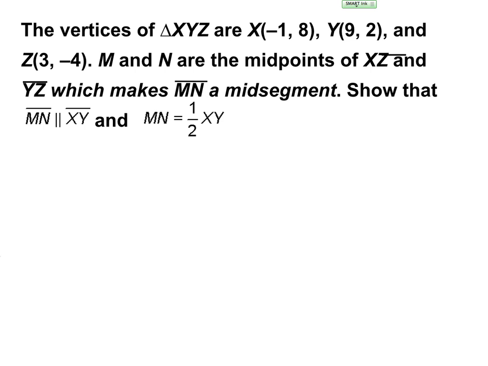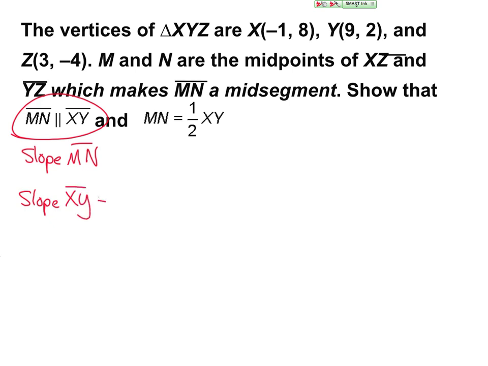Well, let's start with this parallel. What are we going to calculate that would prove that they're parallel? Slope, distance, or midpoint? Slopes. Okay, slopes. So which one do the guys want? Guys, you do the slope of MN. Girls, you do the slope of XY.